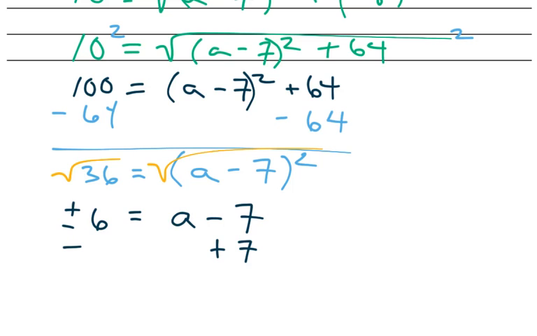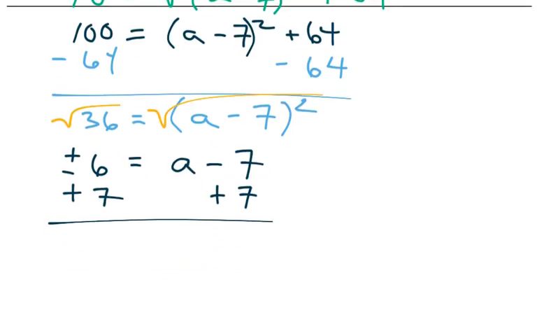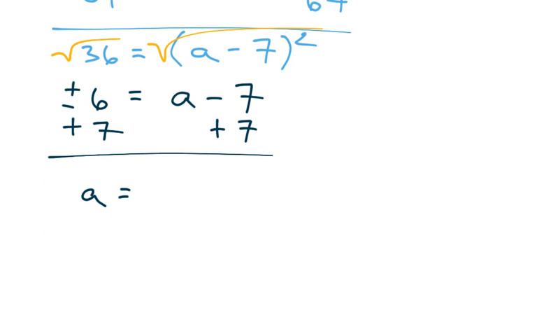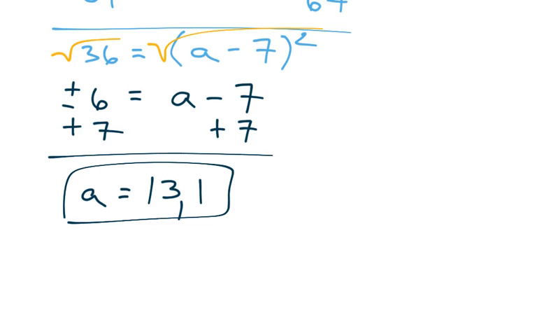Adding 7 to both sides means that a is now equal to, and I'll walk through this since it's been a little while. If it's a positive 6, I'd add 7 and get 13. And if it's a negative 6, I would add 7 and get positive 1. So my possible values for a are 13 and 1. And that's okay to leave that as your answer.